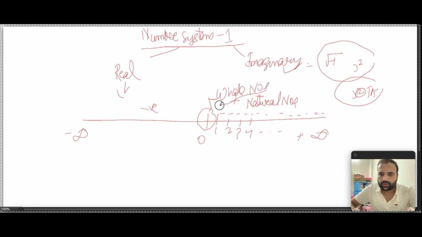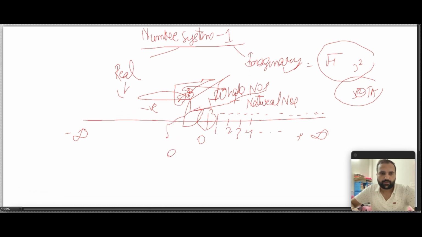So what do we learn? That 0 is not a natural number, it's a whole number. This is something we learn over here. So this is what we call a whole number.